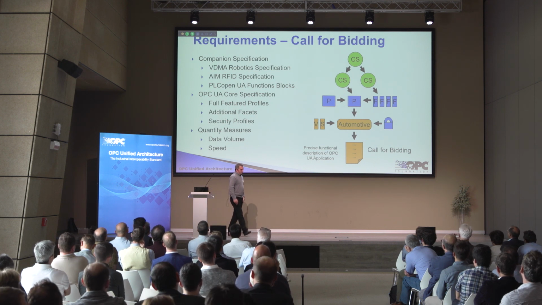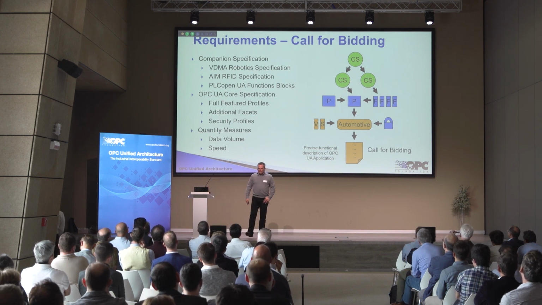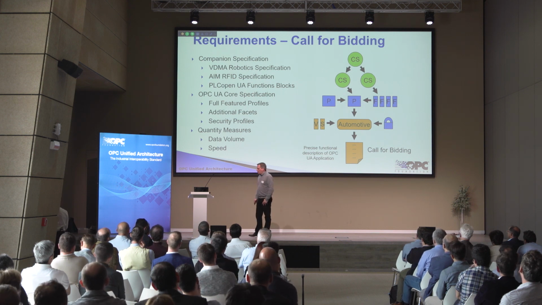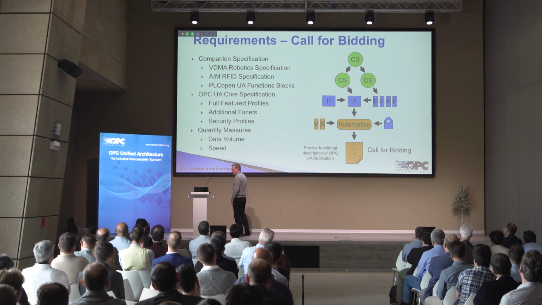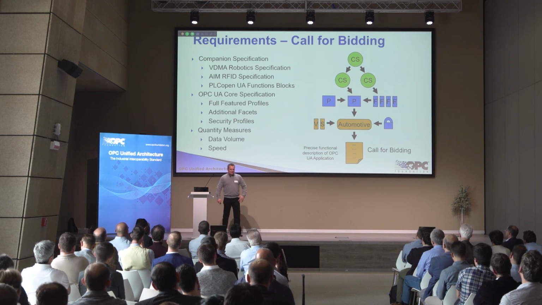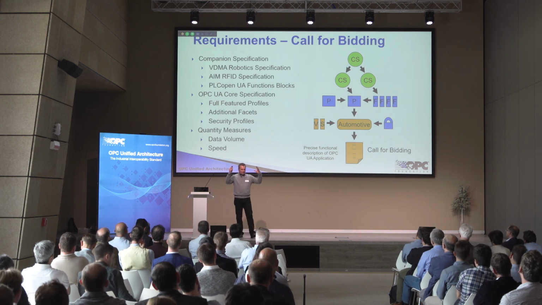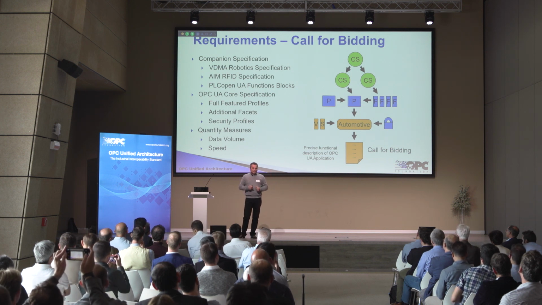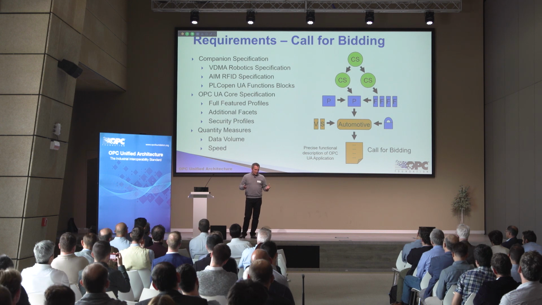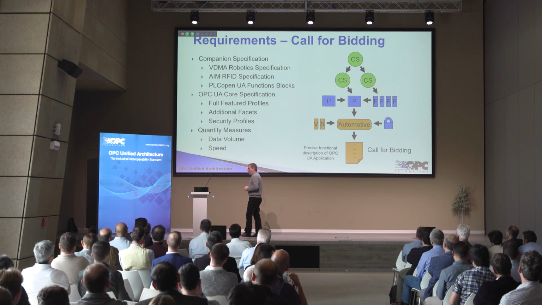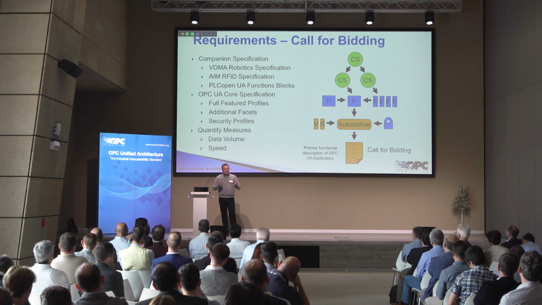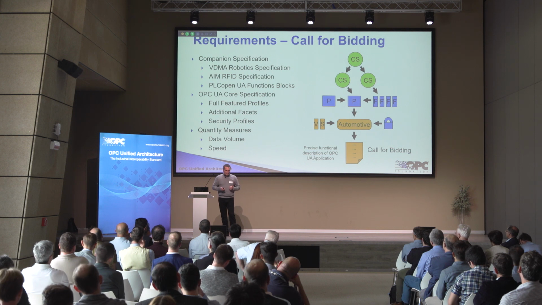Now I want to talk about how you select the list of features you need. The highest selection point that you can find is the companion specification, because that's the domain-specific description of the things. For example, if you have a robotics spec, it obviously describes what robots look like, and because of that they already define that they need, for example, complex data.